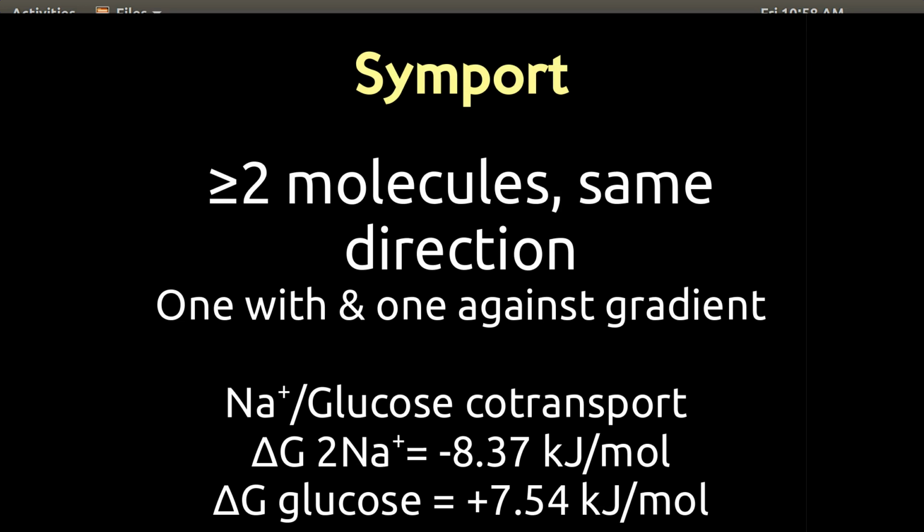The sodium going down the electrochemical gradient is going to get you delta G of negative 8.37 kilojoules per mole, but it's going to cost the glucose about 7 kilojoules per mole. So you're still in that negative delta G as you do this. So it's still considered diffusion because it doesn't require in and of itself an input of energy.